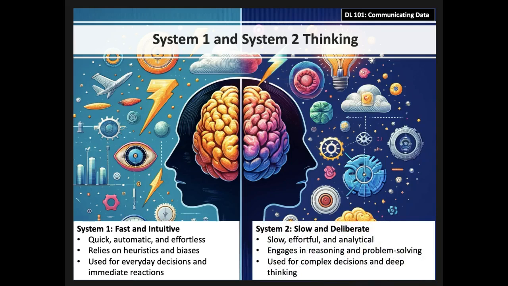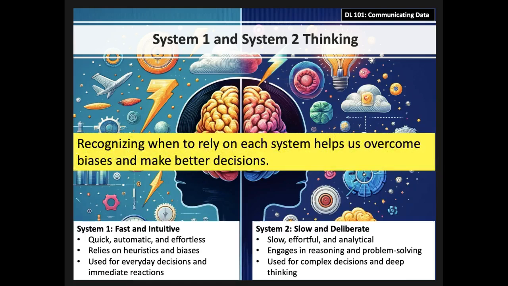Understanding these two systems helps us recognize when our quick judgments might be influenced by biases and when we need to engage in more thoughtful analysis. By being aware of these thinking processes, we can make better, more informed decisions.